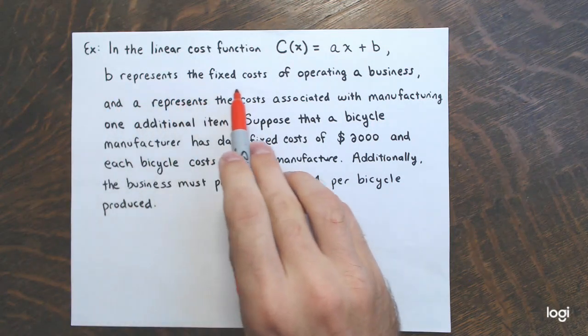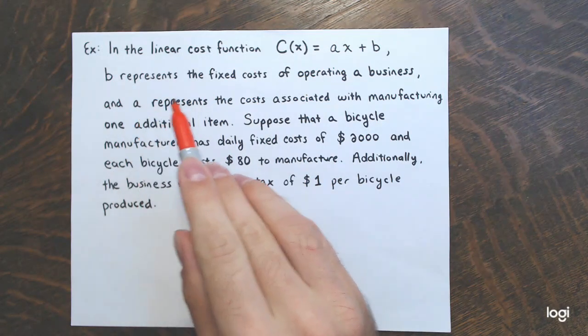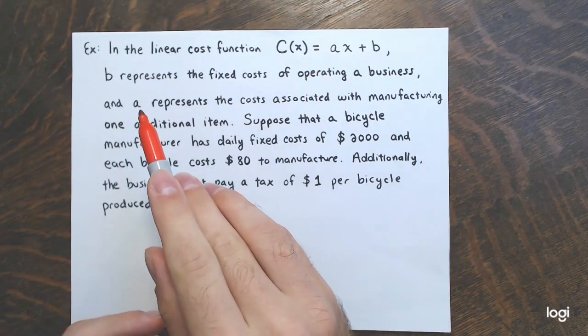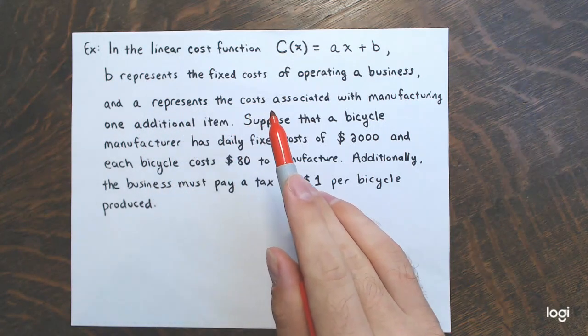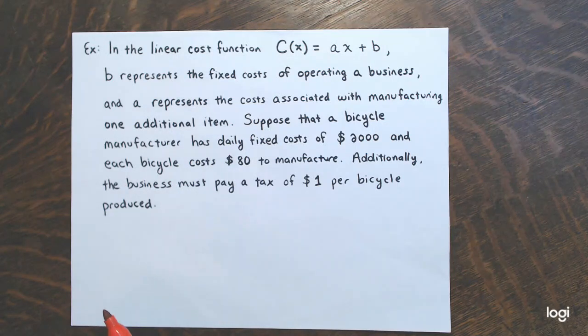So b represents the fixed cost of operating a business. And a, the lowercase a, which again you can replace with m if you'd like, represents the cost associated with manufacturing one additional item. All right, and I'll talk about that down here a little bit.